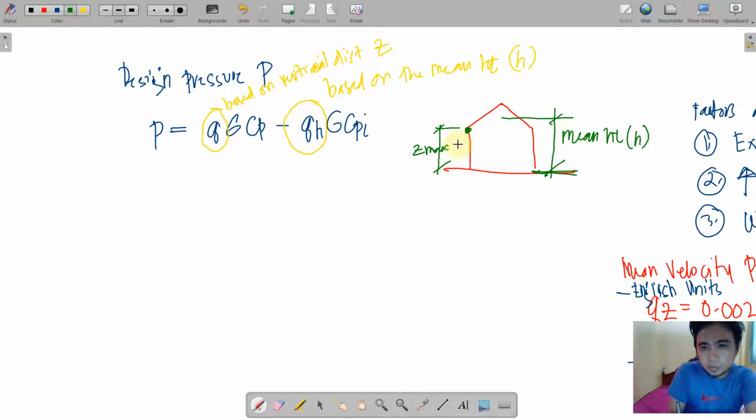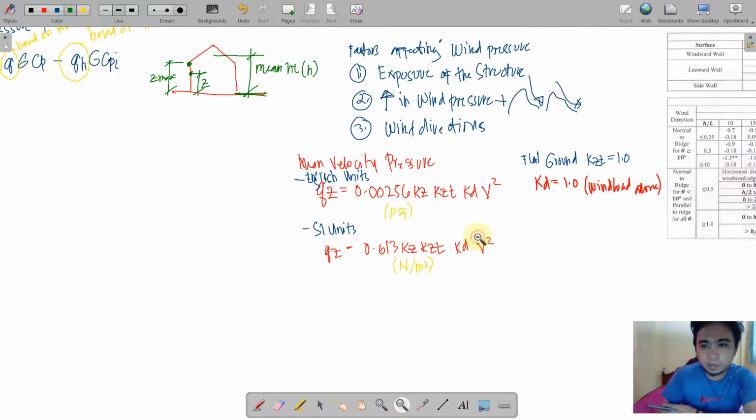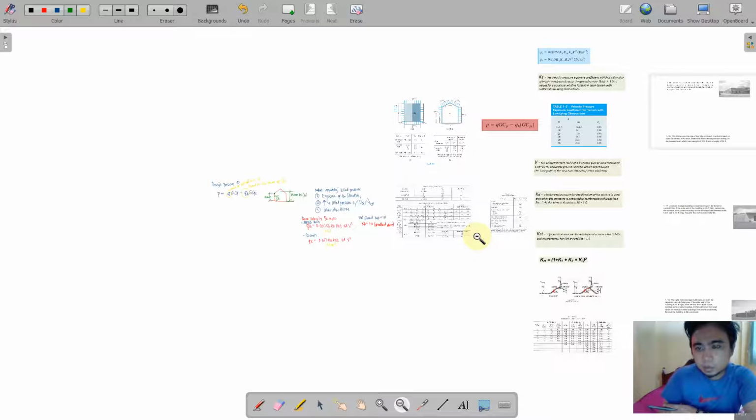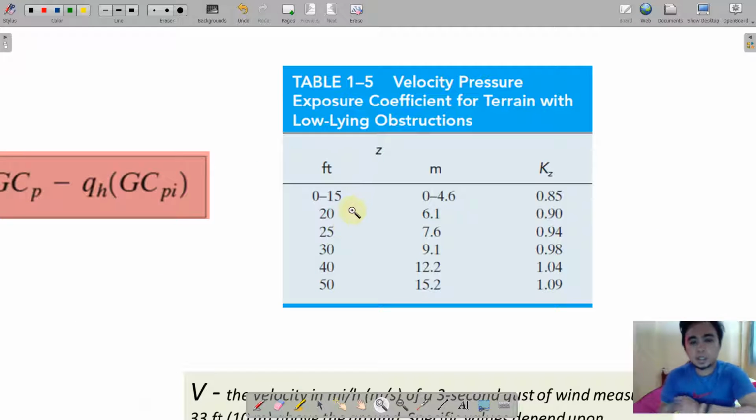So, before we have this Z max, may mga values ng mga Z dito. Okay? So, depende kung anong nasa range ng table. Kung titignan natin yung range ng table, yung QZ, no? Where's the table? Table 1-5. So, here it is, table 1-5. There are certain ranges for the first 15 feet, 20 feet, 25, 30, 40, 50.